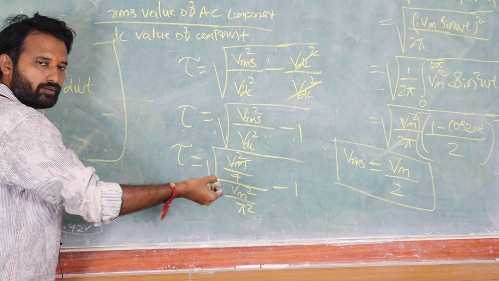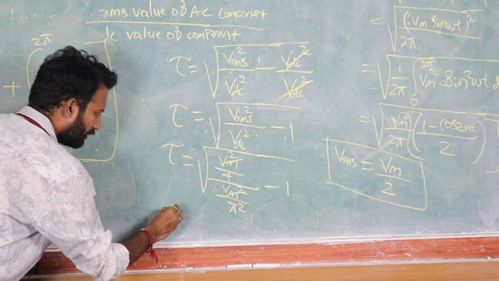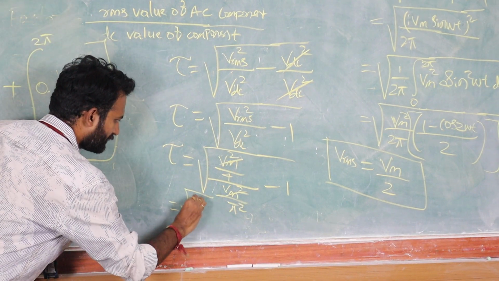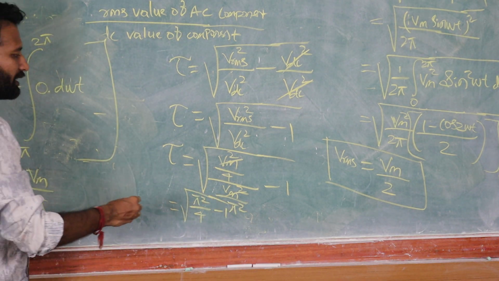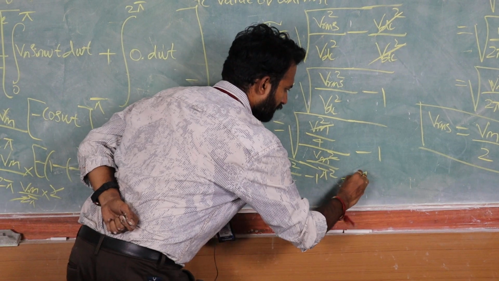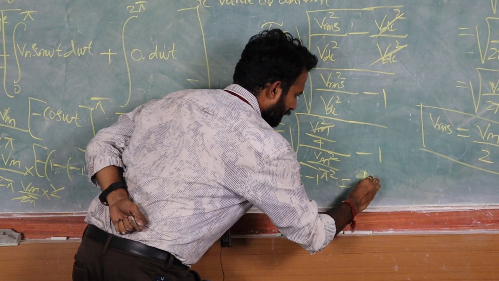So Vm square will get cancelled. You will get square root of pi square by 4 minus 1. That gives the ripple factor as 1.21.